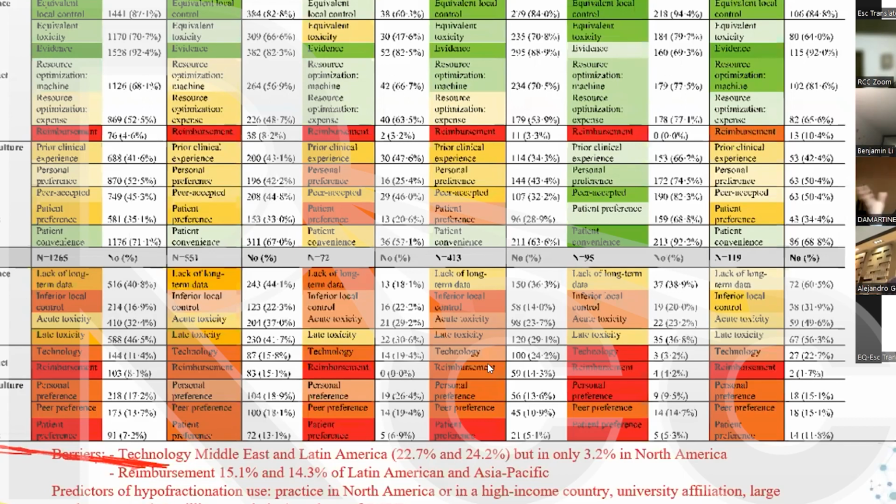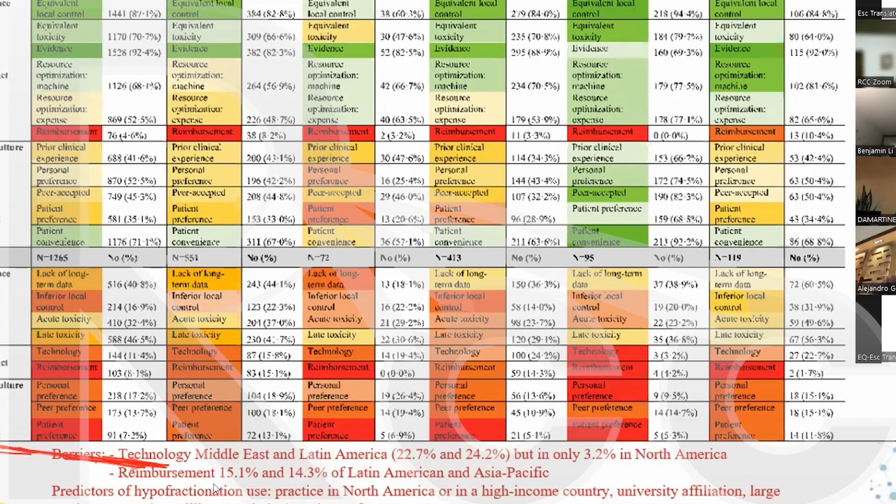Living in the US, in a high income country with high technology, having an affiliation to the university, with university practices that are always at the state of the art, having an influence area where the center can capture a large population, and the use of IMRT for these patients.